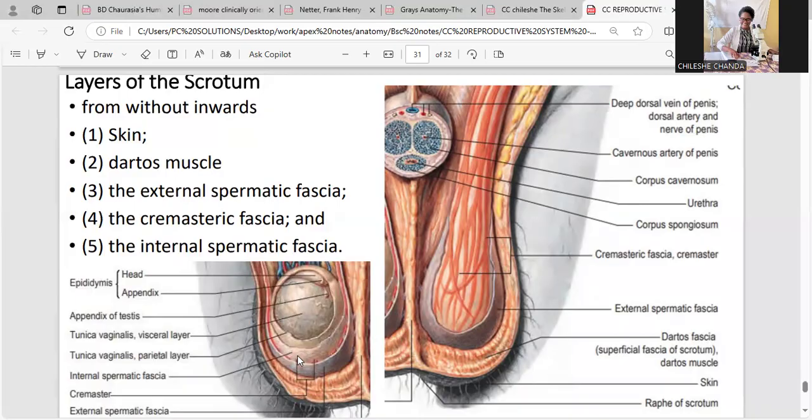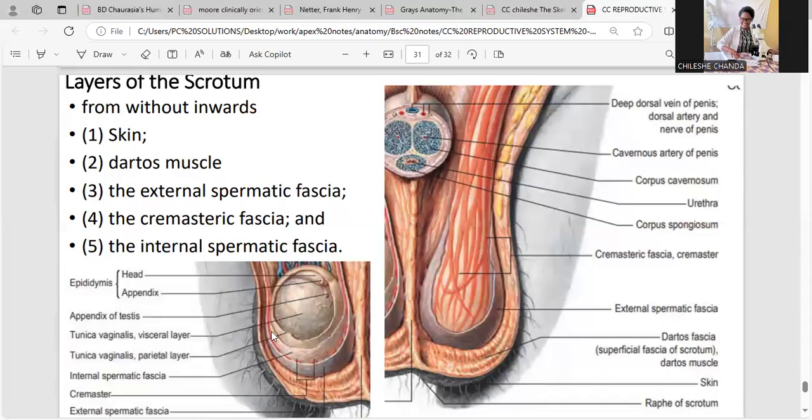There are a few smooth muscles there, and those are called cremasteric muscles. Then we have the internal spermatic fascia. Those are the layers that you're going to find.